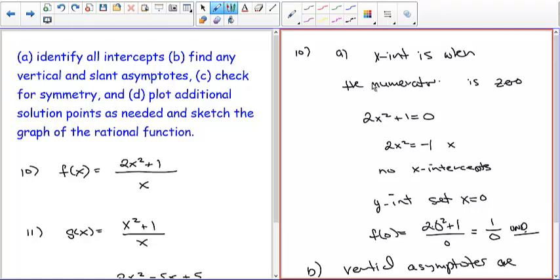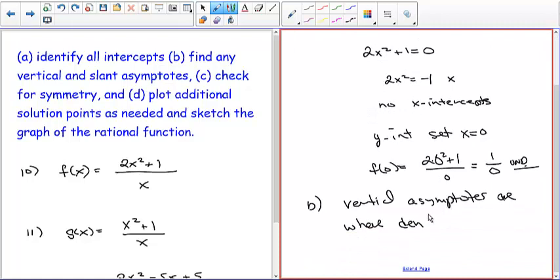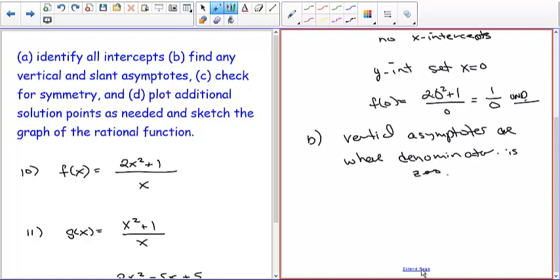It's probably something good to write down. Denominator, okay, is 0. What values of x does that occur? Well, you just set the denominator, which is x, equal to 0. So that's the equation of the vertical asymptote at x equals 0. It's a vertical line.